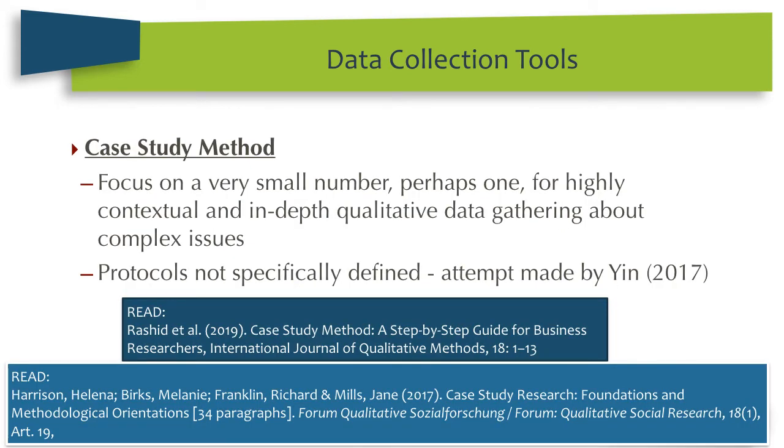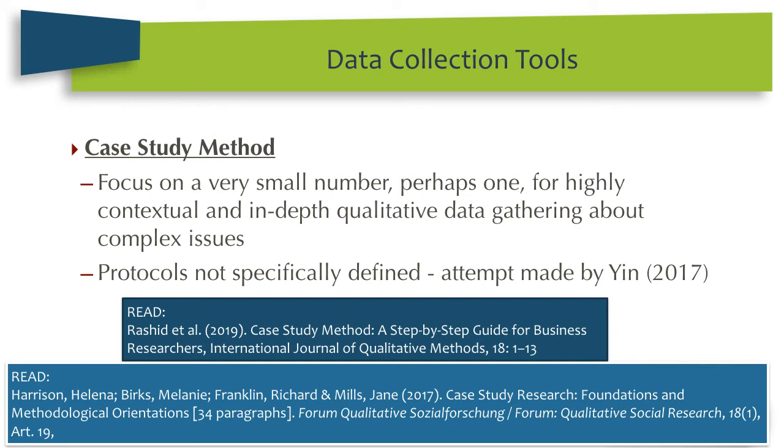The next, or the last one, is the case study method. Again, we've discussed it quite a few times in our course already, but at a summary level, basically, the idea is that you focus on very small numbers, perhaps only one, to gain highly contextual and in-depth qualitative data about a complex issue.